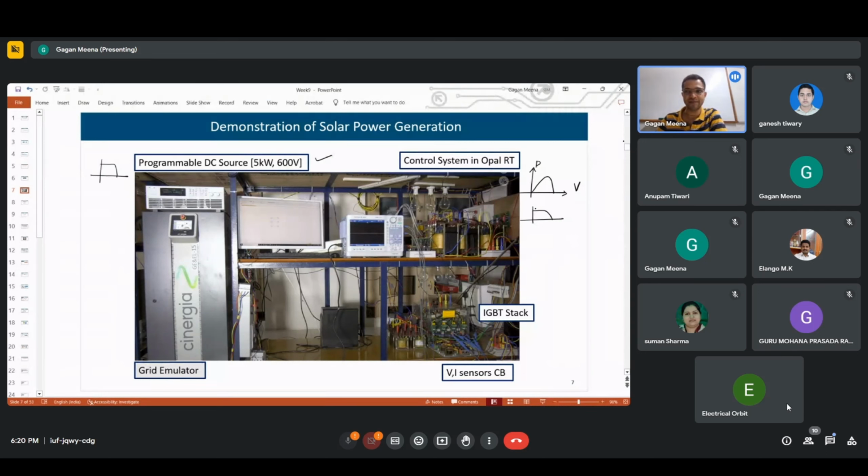Then we are connecting this PV source to the grid. It is a DC source and the grid is AC, and we are using this inverter. This is a three-phase inverter.